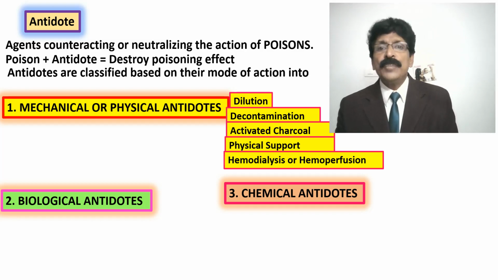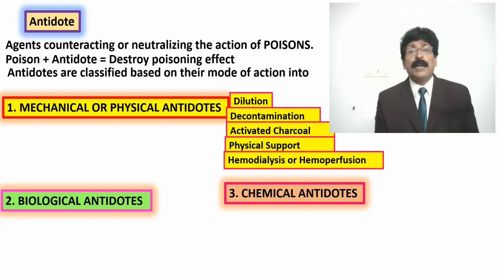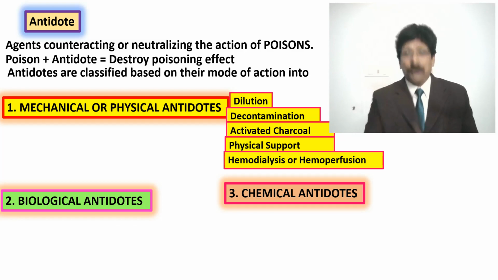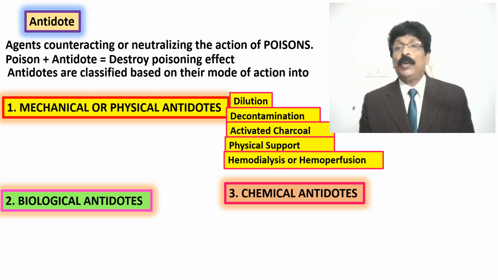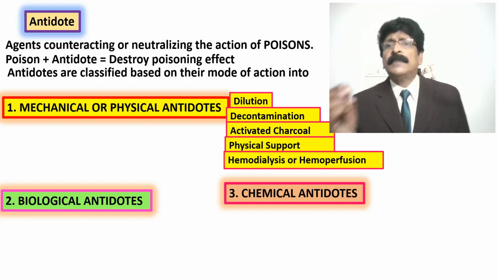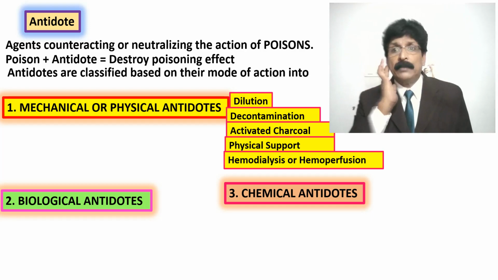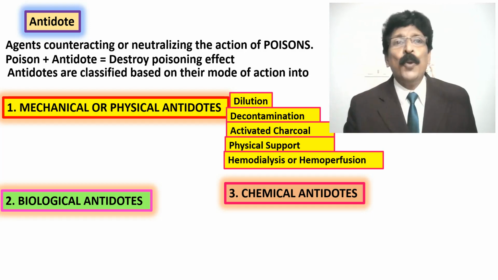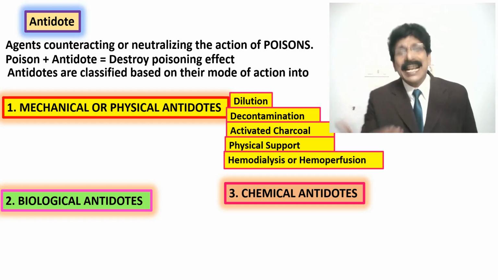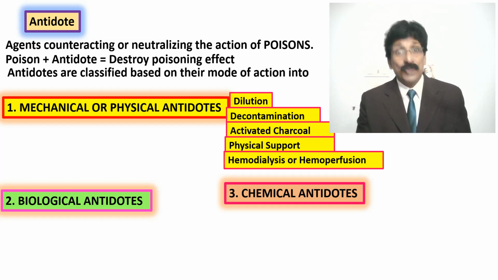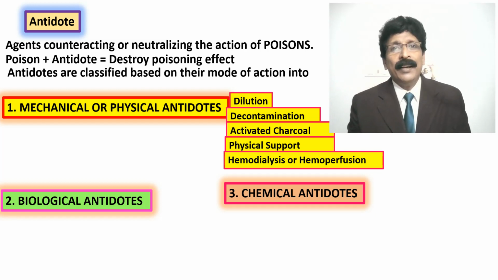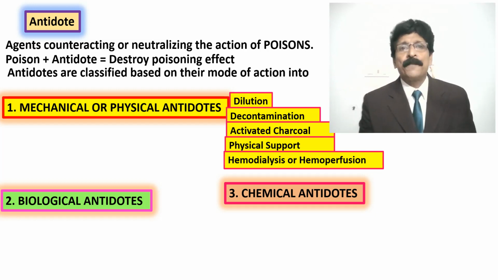So you see, there are 5 categories we have to explain about physical antidotes. It is not only the substance given; the activity also neutralizes the action of the poison, so they are also taken as antidotes.